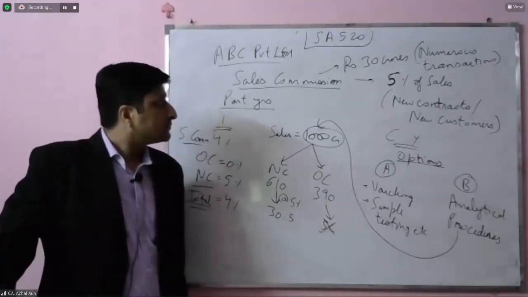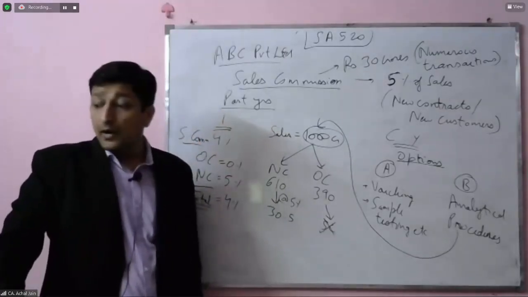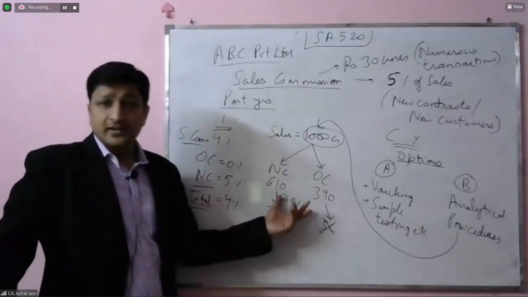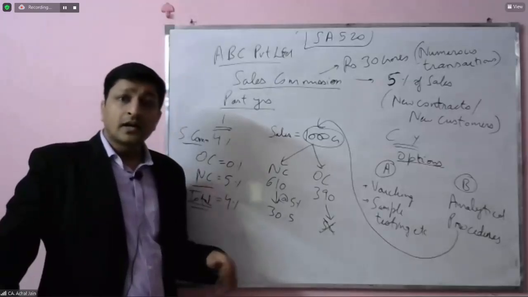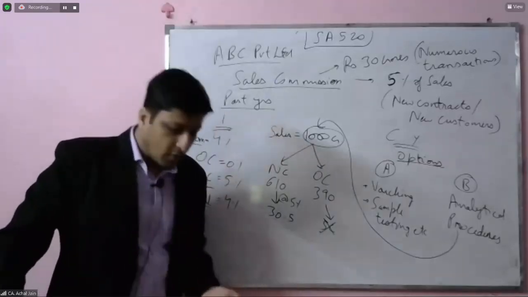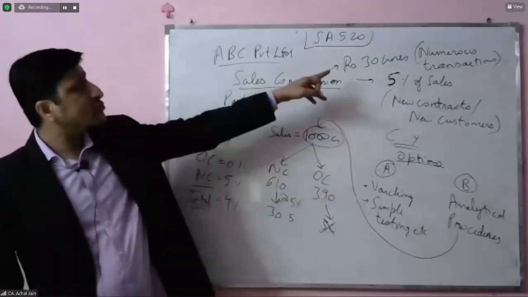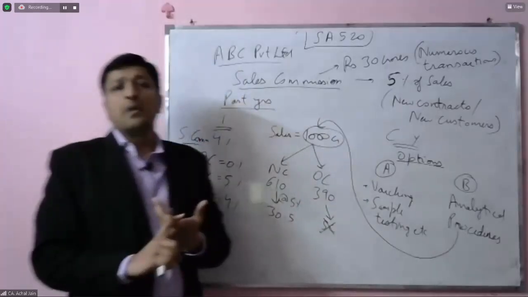What's the gap? On the basis of whatever he understood from the management around the sales commission, he bifurcated the information and got the required information, and he created an expected amount.